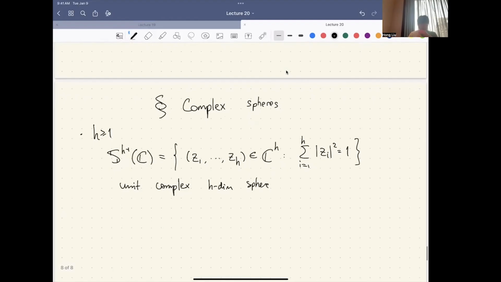Okay. Let's recall also the standard inner product for two vectors.